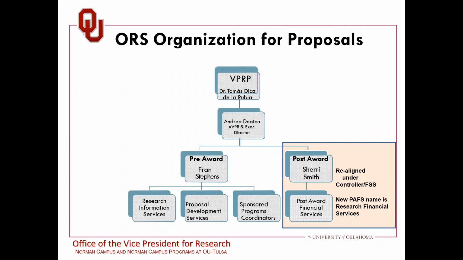Pre-award, we're still pre-award. The VPR has now changed to the Vice President for Research and Partnerships. And so we're anticipating that there'll be more work in regards to commercialization and things like that as we go down the street. So that's kind of how our chart looks now.